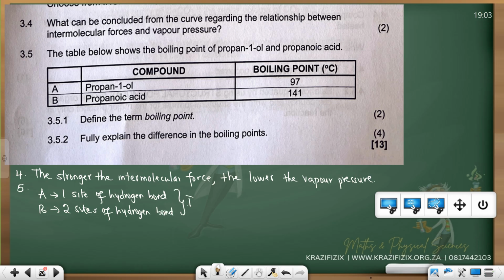That's the I, identify. What's the next one? Compare. What do we say? The hydrogen bond in B is stronger than in A. I have simply made my comparison.